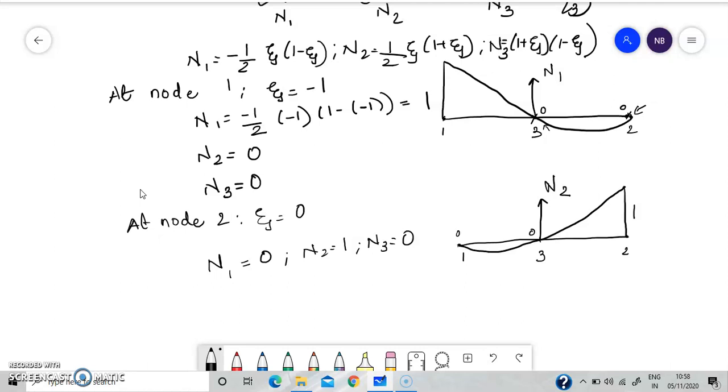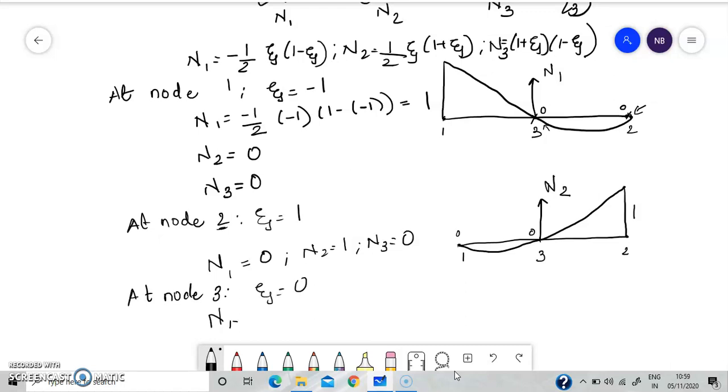and lastly at node 3, at node 1 this was +1, this was +1. At node 3 zeta is 0.